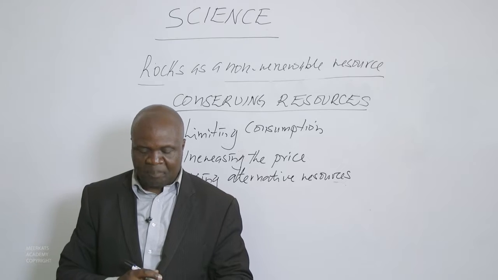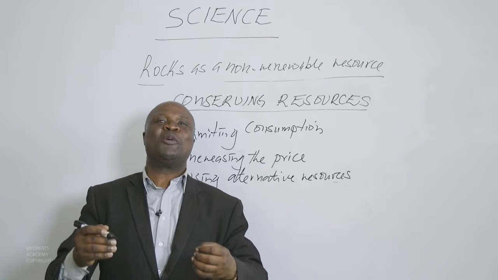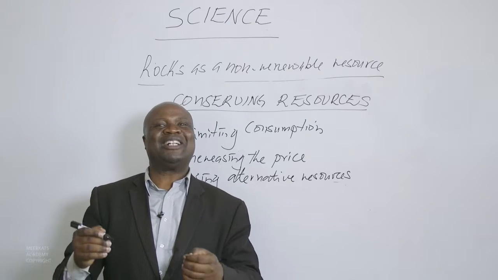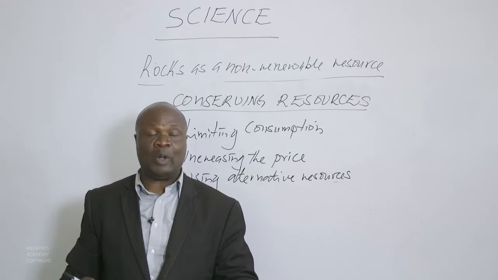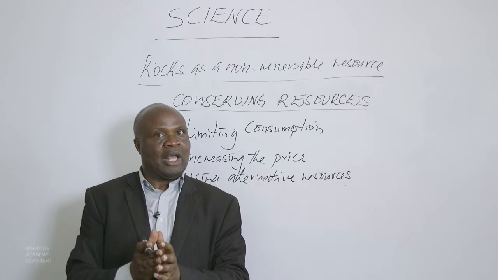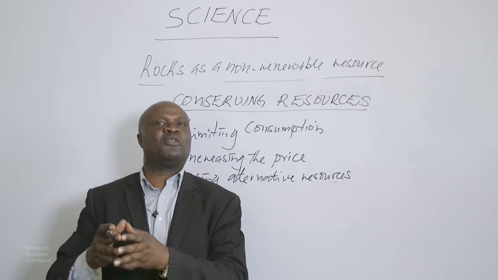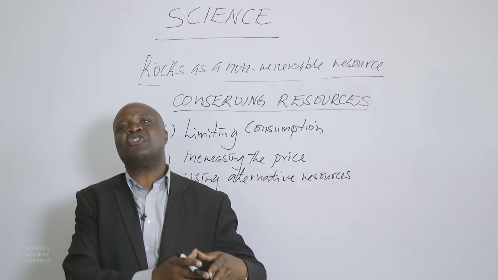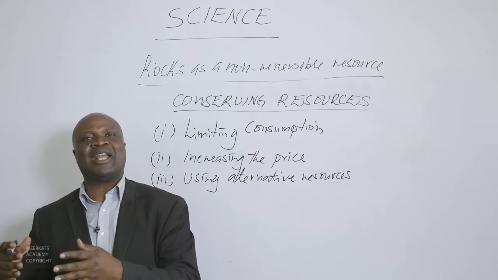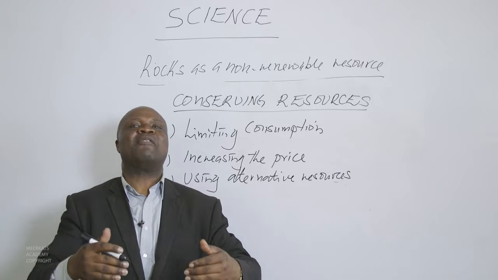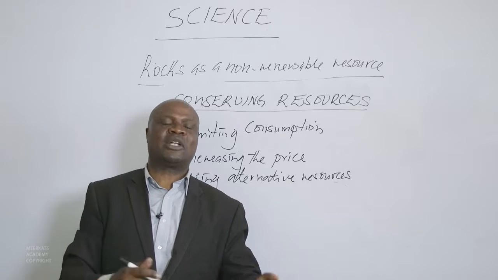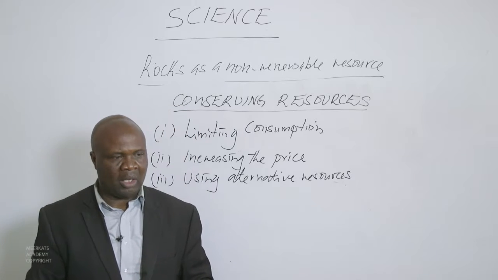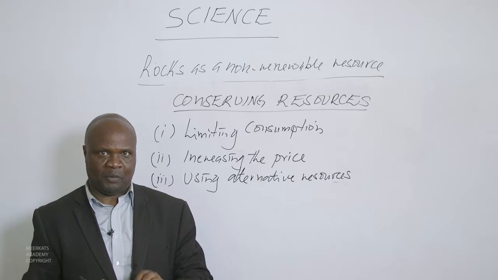For example, we have cars which use petrol fuel. As much as the information we have, petrol fuel is a non-renewable resource. We can use it to the extent that it will be depleted. There is no way we are going to extract more petrol fuel beyond what we have.